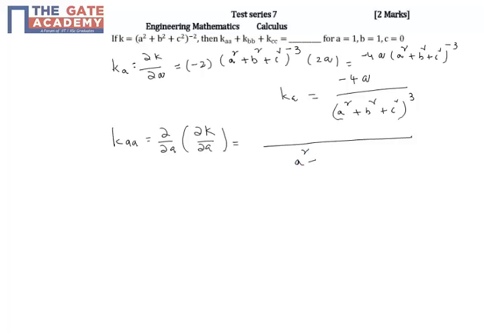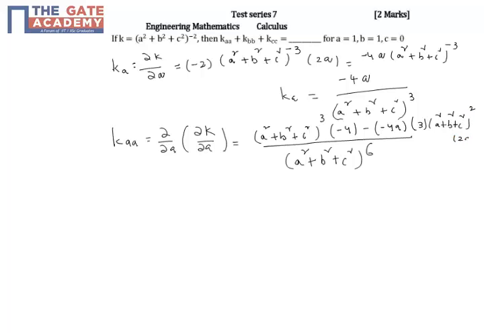This will become (A square plus B square plus C square) whole power 6 in the denominator, and in the numerator (A square plus B square plus C square) whole cube into minus 4, minus of minus 4A times 3 times (A square plus B square plus C square) whole square into 2A.